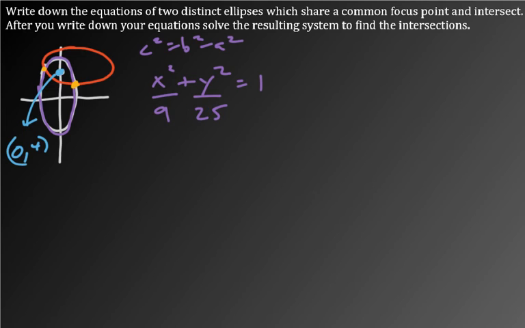Because 25 minus 9 is 16, so length 4 is the distance from the center to the focus point. So I've got to get an ellipse that is basically shifted around enough so that it shares this focus point now, and it's a different ellipse, okay?